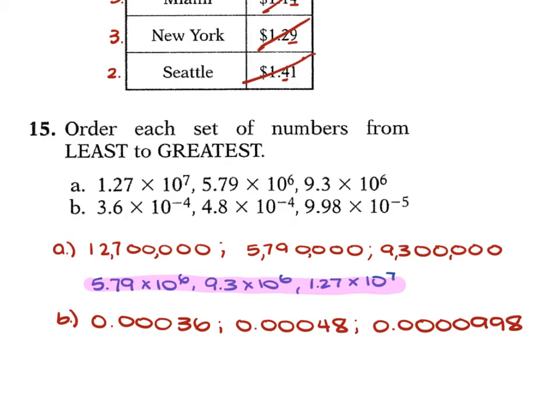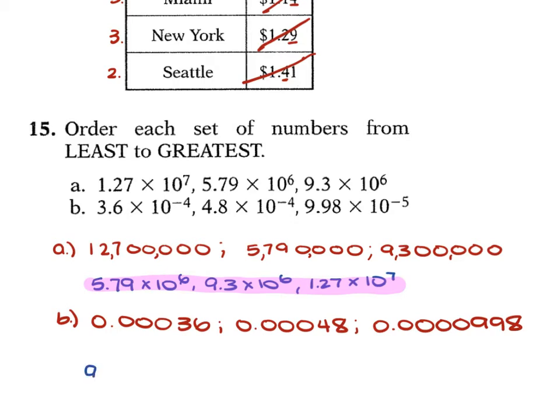So we're going least to greatest. Remember, with decimals, the higher number of place values is the lesser number. So with B, with the 0.00036 and the 0.00048, they both have 5 decimal places. However, the 0.0000998 has more, so we're going to put that one first.